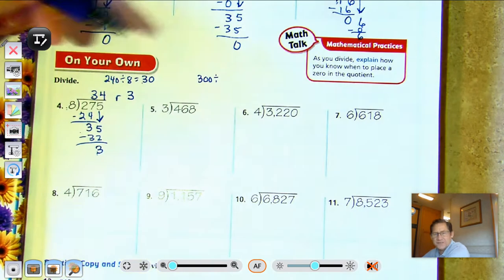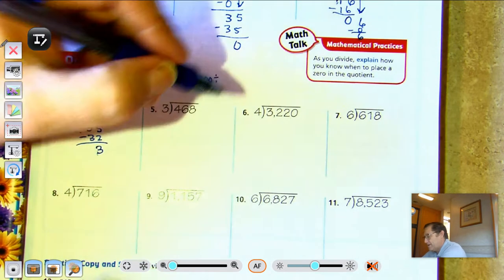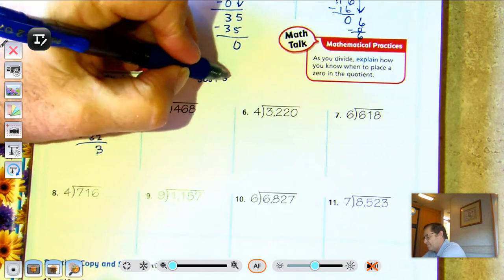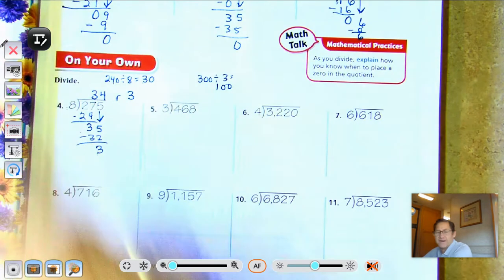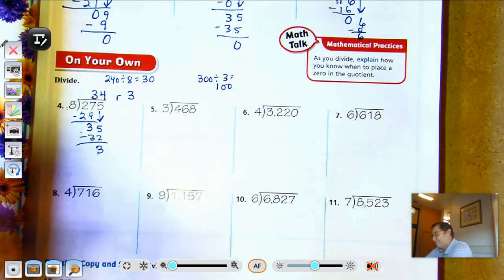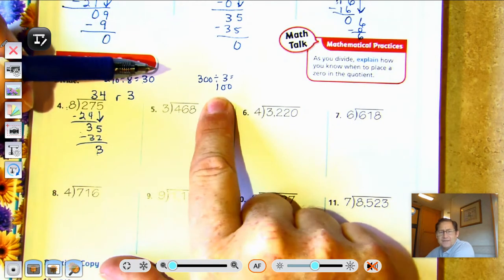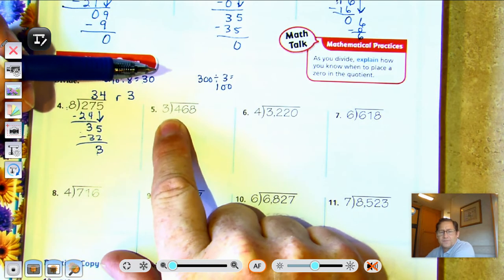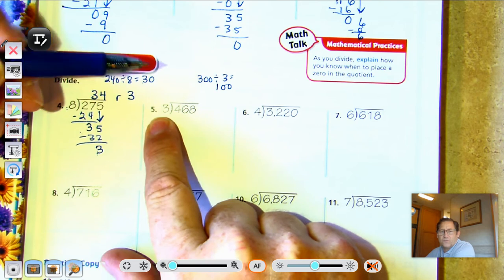You can use 600, but I'm going to use 300. And 3 divided by 3 is 1, so 300 divided by 3 is 100. So that tells me that I can share 400s with 3.